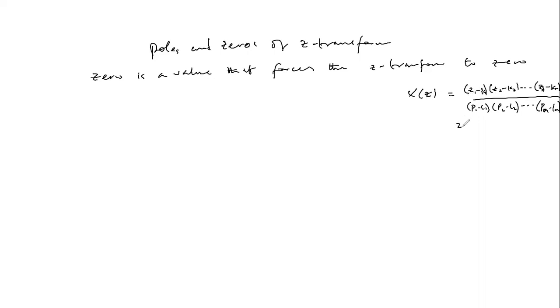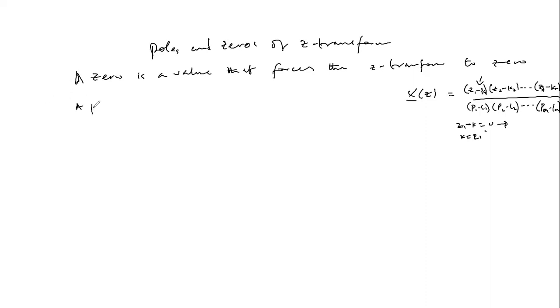Here, when we set Z1 minus K to 0, when K is the same as Z1, that is Z1 is the same as K, okay? So K is the same as Z1, then this is forced to 0. And if this is 0, then the whole of the Z transform reduces to 0. So a zero is a value that forces the Z transform to 0.